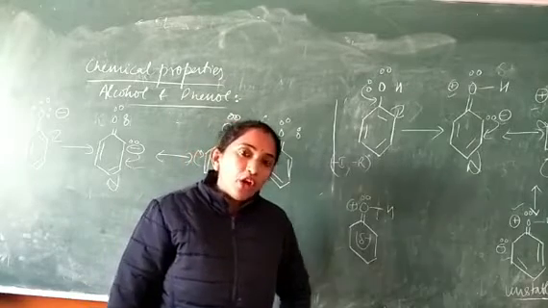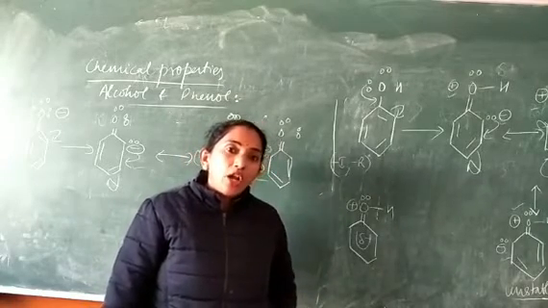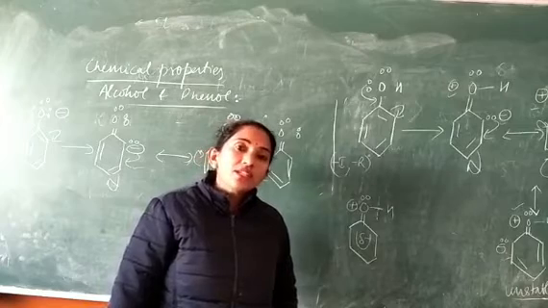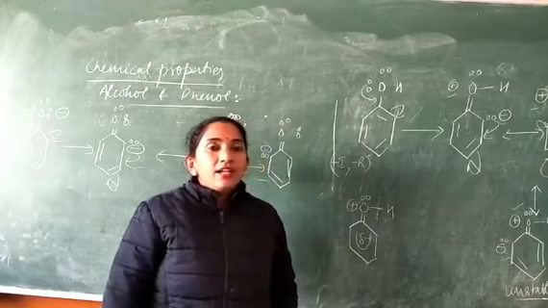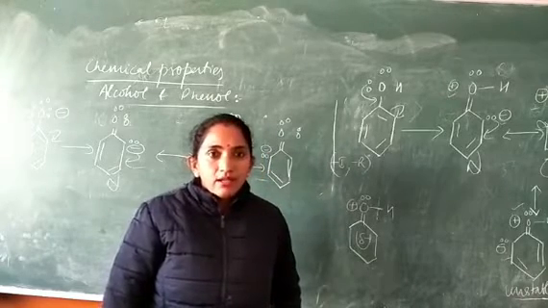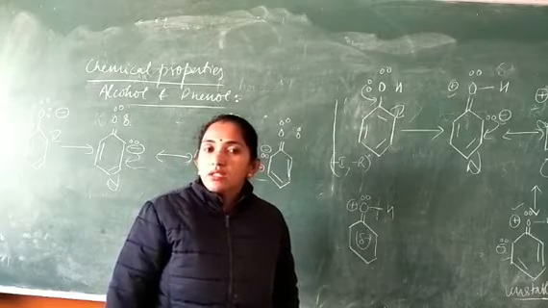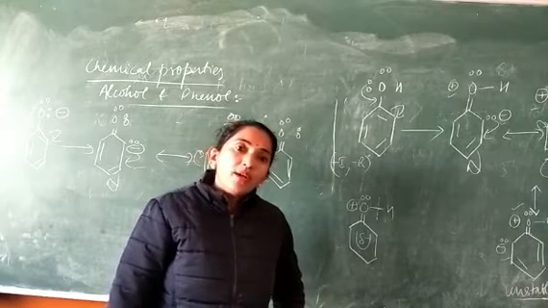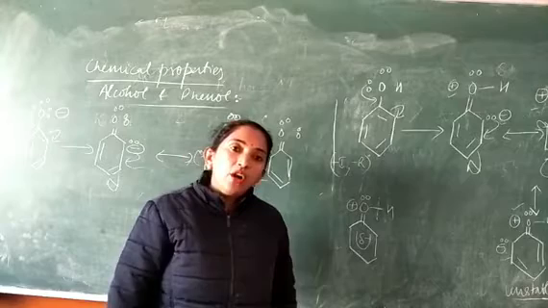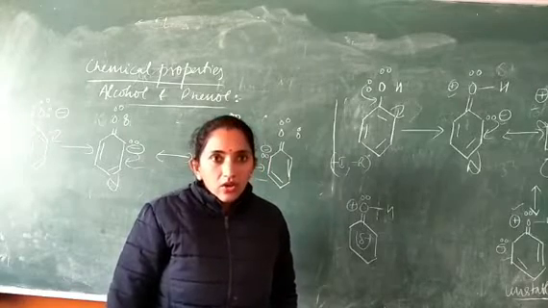Now if we compare phenol and alcohol, student, since the phenol is resonance stabilized, right, and the alkoxide ion is not resonance stabilized, right, therefore comparing the phenol and alcohol, phenol is more acidic than alcohol, right.